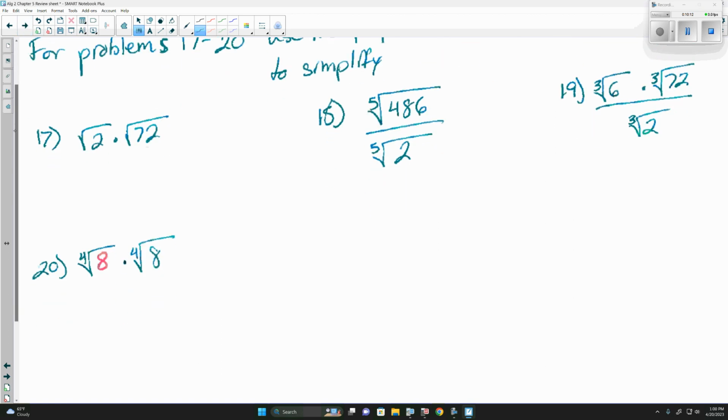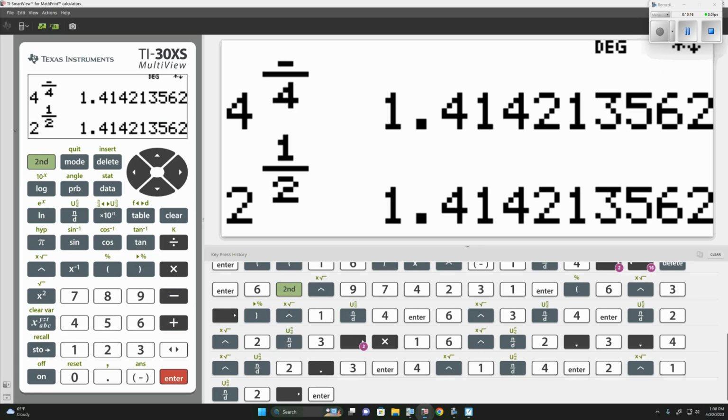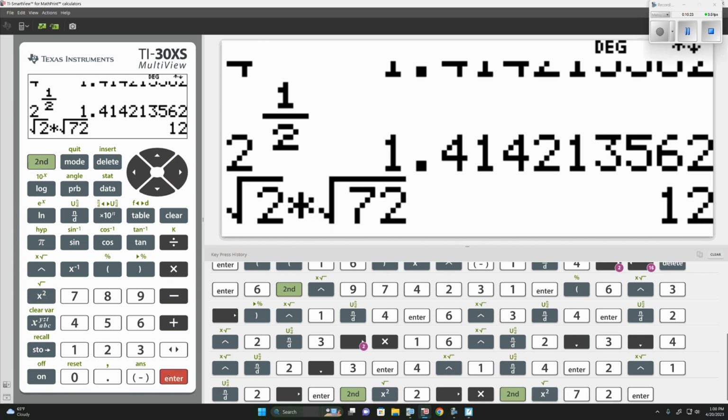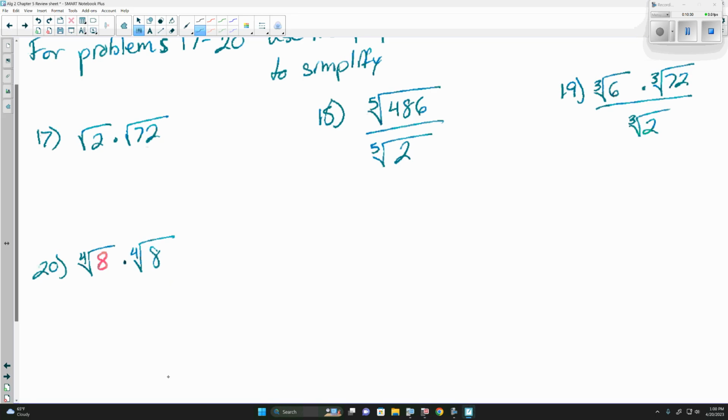17 through 20. And again, with these here, we could try plugging them into the calculator, see how it works. And especially with radicals, the TI-30XS will work out pretty nicely. But that's it.